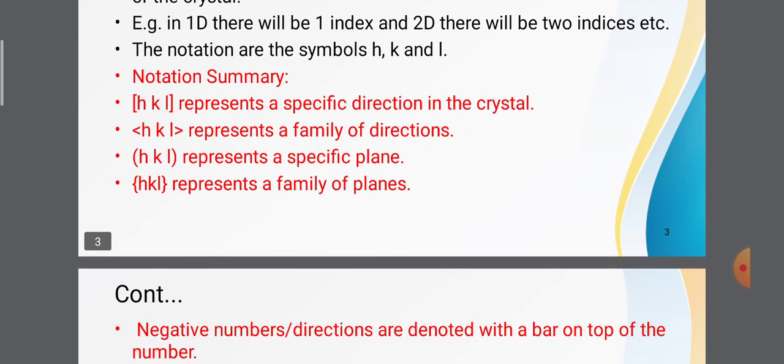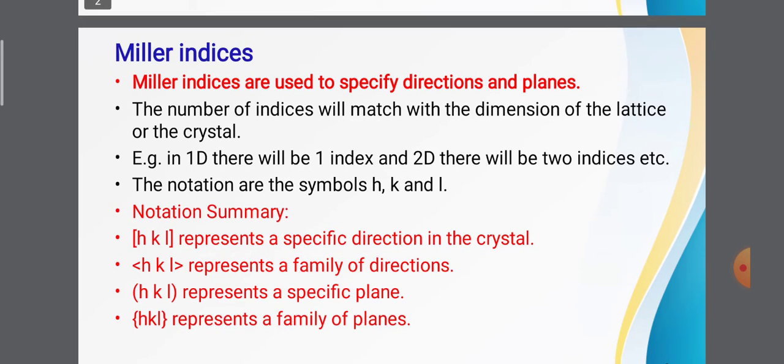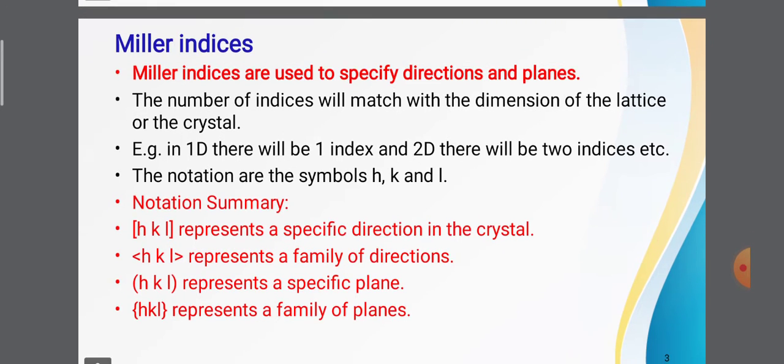So the notations: the square bracket [HKL] represents a specific direction in the crystal, and the angle bracket <HKL> represents a family of directions, and the round brackets (HKL) represent a specific plane, and the curly brackets {HKL} represent a family of planes.